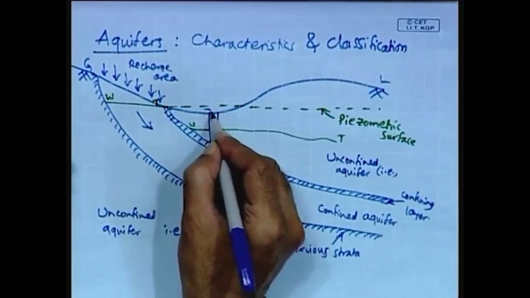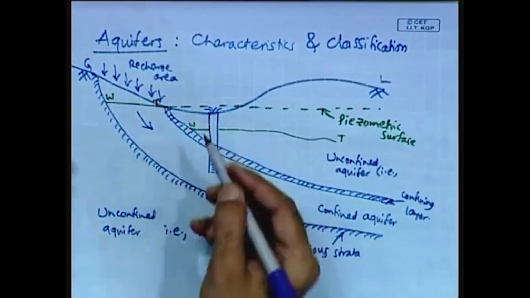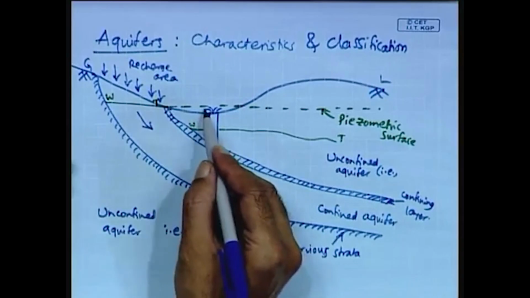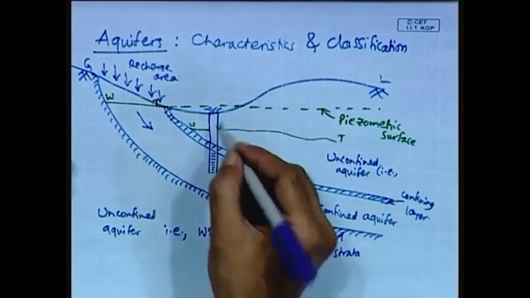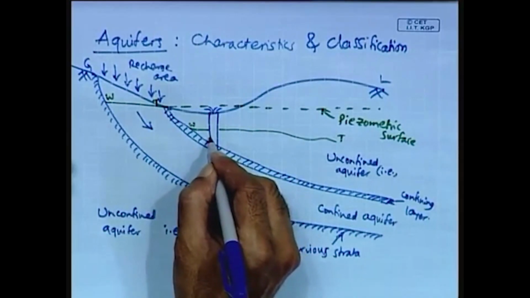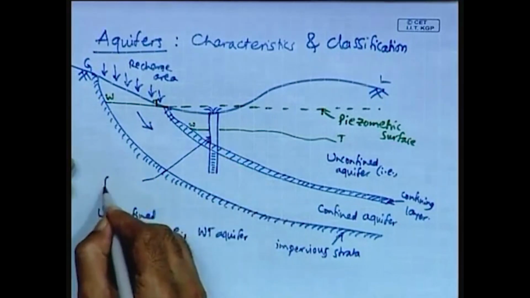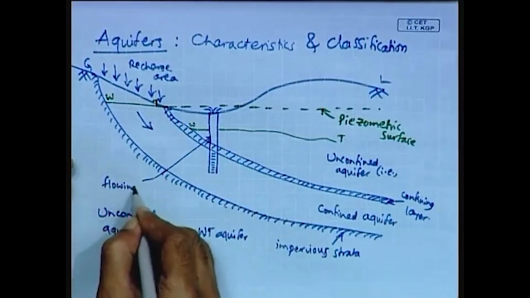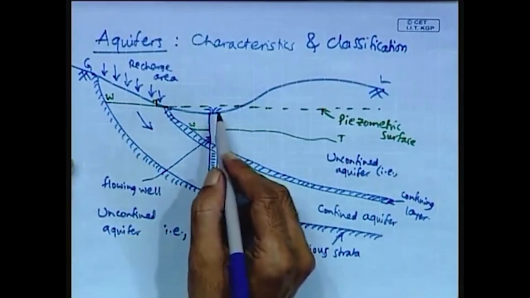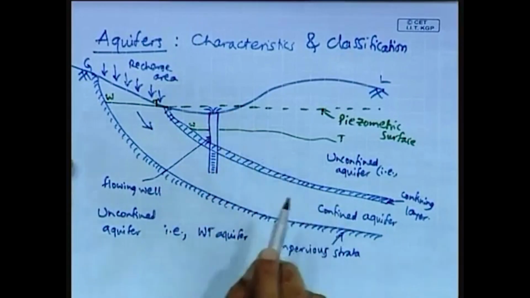So, therefore, here the well starts oozing out water corresponding to this piezometric surface, and such a well is known as a flowing well. So, here the water gushes out of the well on its own. So, no artificial pumping is required.